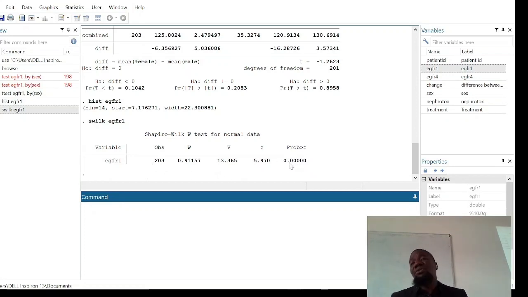Here, the null hypothesis of this statistical test is that the distribution of the variable does not deviate significantly from the normal distribution. If the p-value is less than 0.05, reject the null hypothesis. So here, the p-value is less than 0.05. You have strong evidence against the null hypothesis that the distribution of the variable does not deviate from the normal distribution.